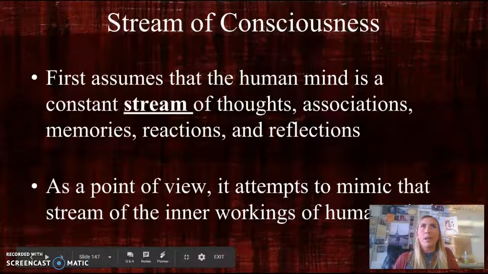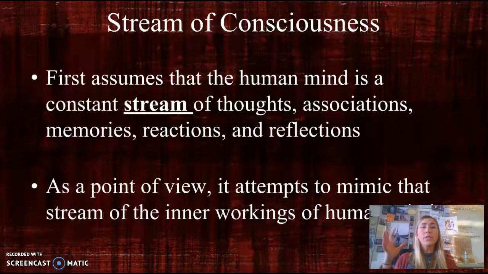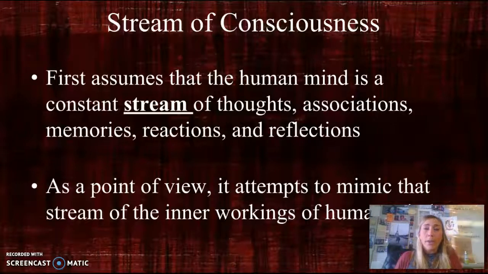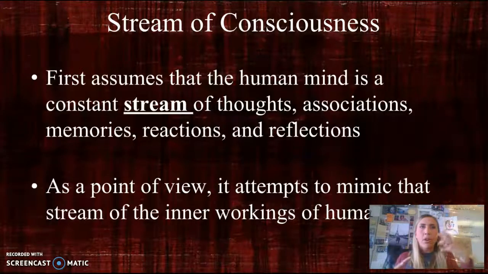Some of you understand this when you're trying to read Beloved, and all of a sudden your mind goes from one thing to another, to another, and then you've read the same passage 20 times without actually having read it, right? That's oftentimes how our mind works. And so it's assuming that it's this constant stream of thoughts, right? As a point of view, it attempts to mimic the inner workings of the human mind, okay?